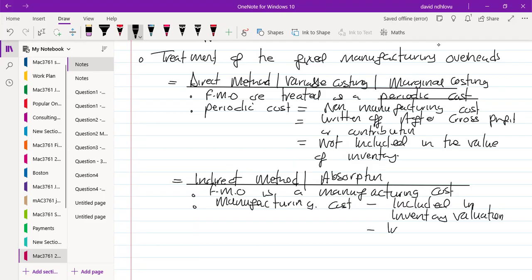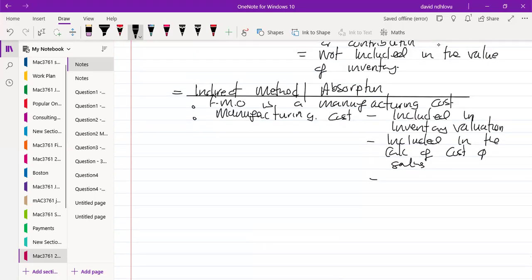It is included in the calculation of cost of sales. Which means it is included in the calculation of gross profit.